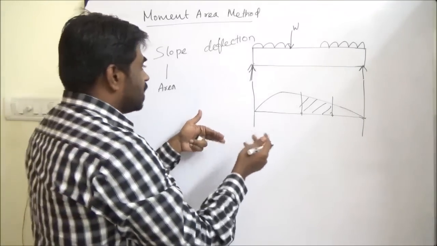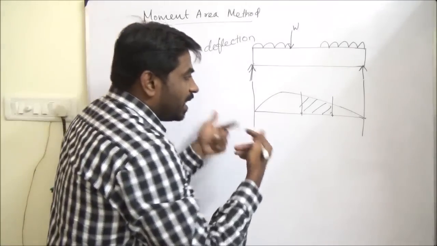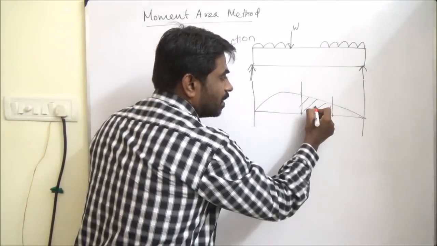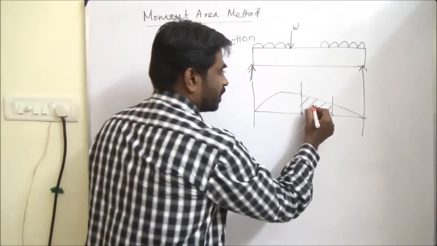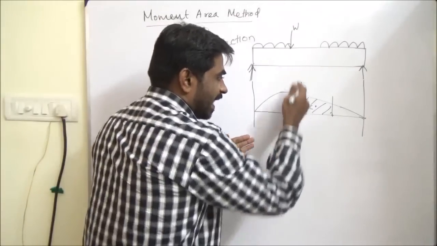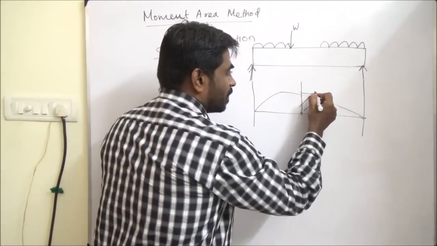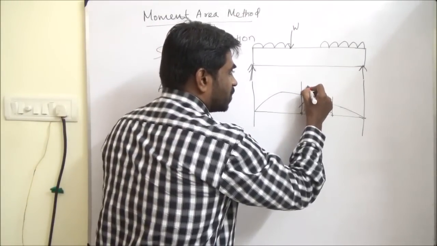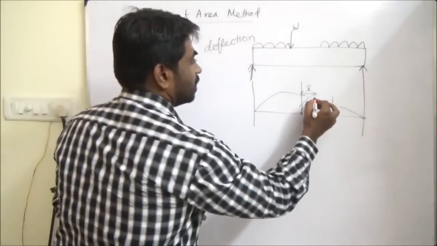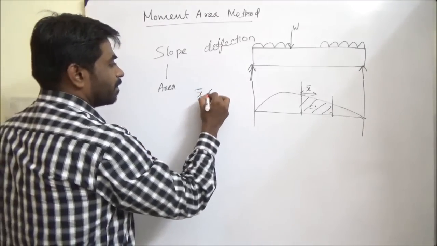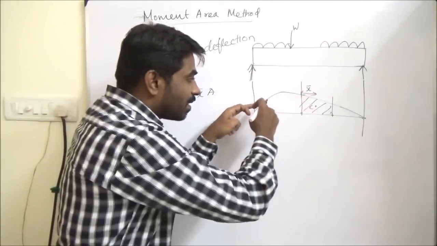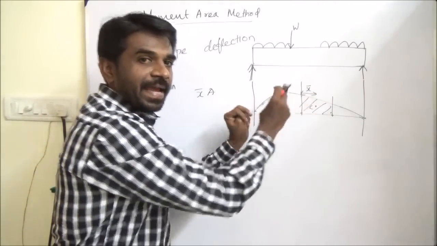Then for this area there will be a centroid point. So with respect to this line, if we find out this x bar and multiply it with this area, what is this area? Area from a bending moment diagram.